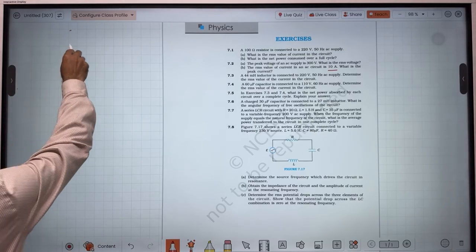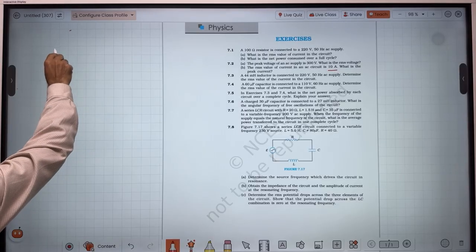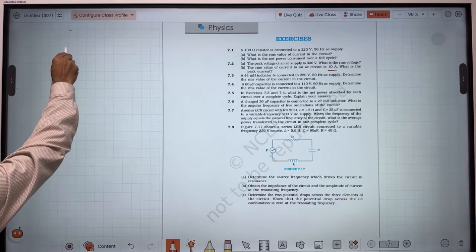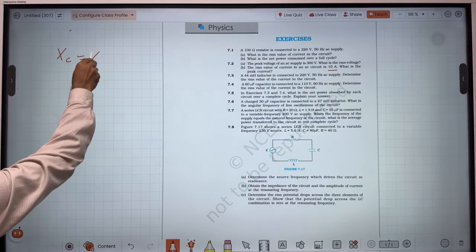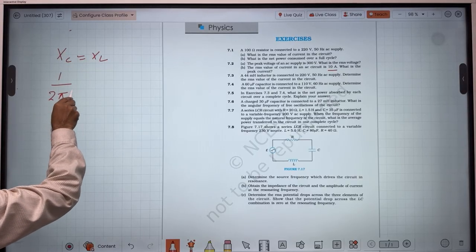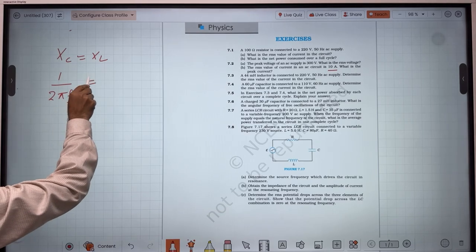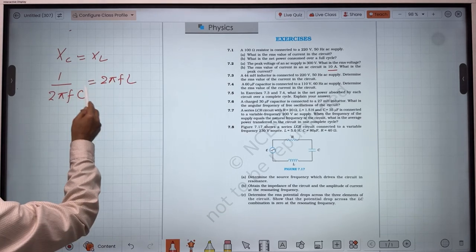So here, angular frequency we have to find out. If you remember, we have derived the condition for resonant frequency: XC equal to XL. In that case, we write 2 pi fC is equal to 2 pi fL.